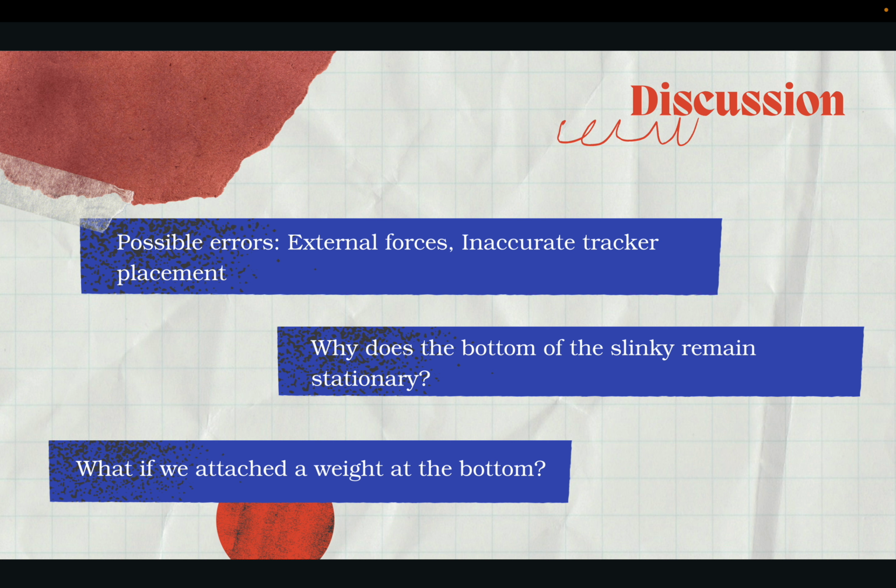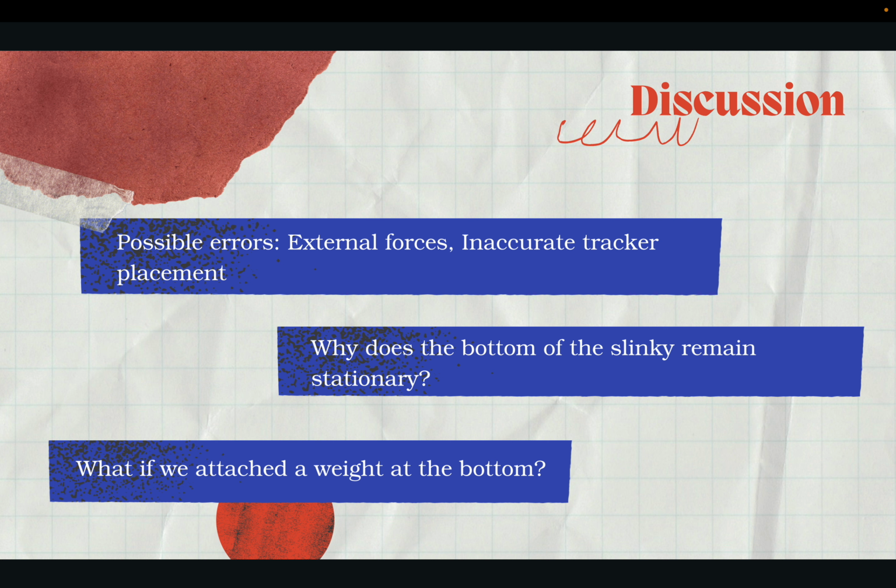But what if we did attach a weight at the bottom of the Slinky? Would that cause it to still remain in the same place, or would it be falling down faster? So that really depends on the relaxed length of the Slinky as well as the tension, because the tension force could be greater if it was a more stiff Slinky.